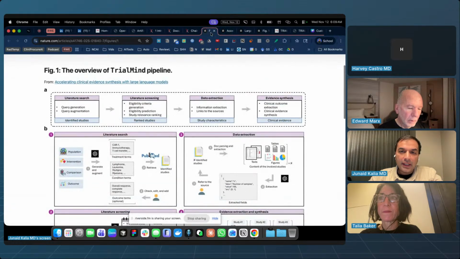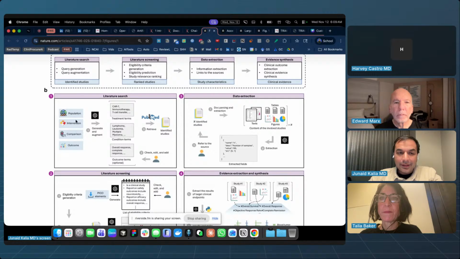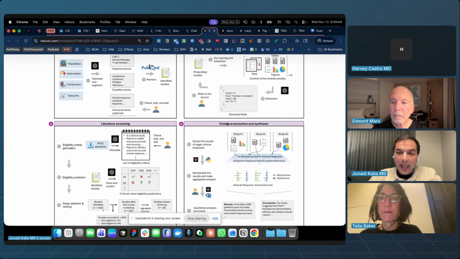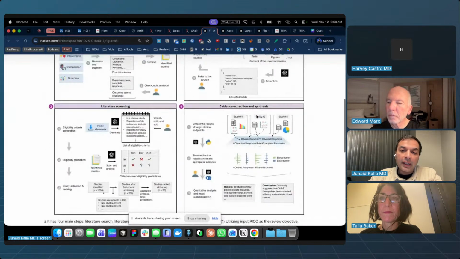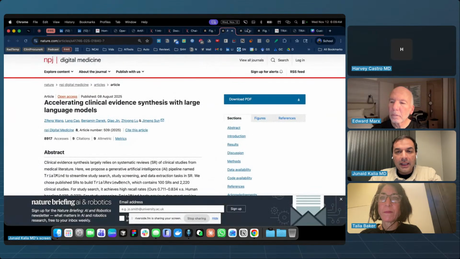One of the ways of doing so is, of course, literature search, screening, data extraction, and evidence synthesis. This is your regular process. But once you do your literature search, you bring in all these comparisons, outcomes, etc., and then do the data extraction, and then evidence extraction and synthesis goes on. This is something that is very dear to Thalia, and she's going to talk more about this in this podcast.